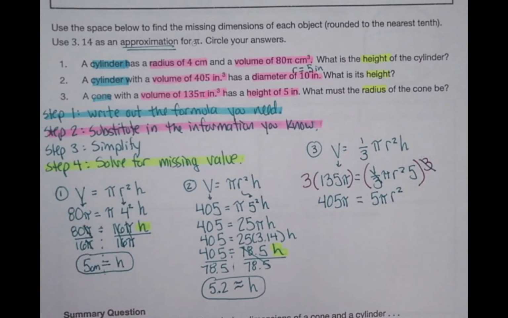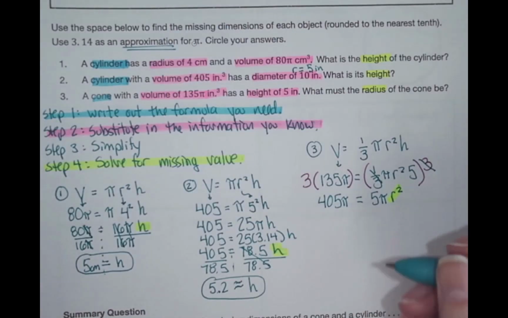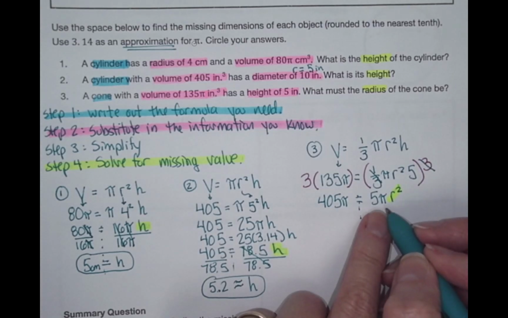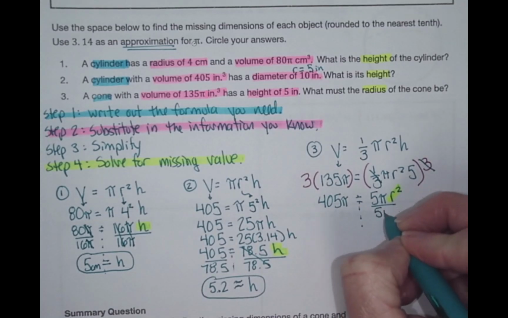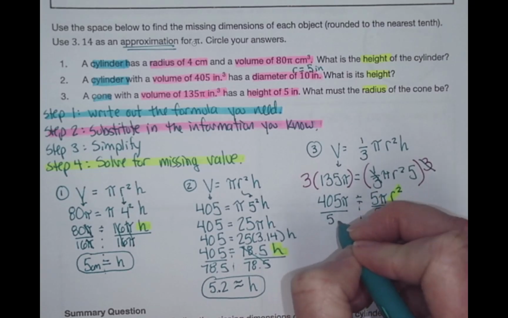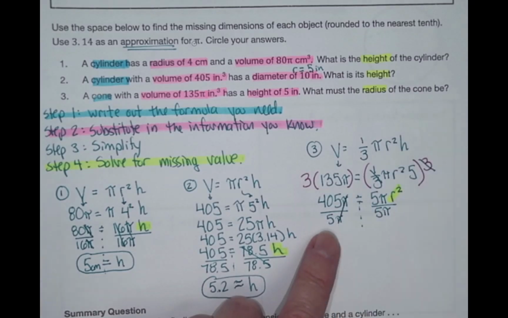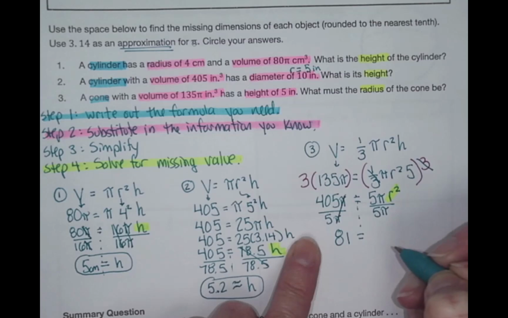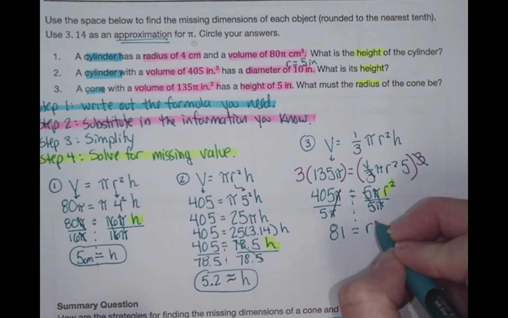Now I'm trying to find what r is. So my next balancing move, I'm going to divide by 5 pi. Right now, my yellow highlighted thing is multiplied to 5 pi, so the inverse of that is going to be dividing by 5 pi. And just like I'd hoped for, over on the left here, the pi's cancel out, and 405 divided by 5 is going to be 81. Oh, this is actually going to be really pretty. Now, the 5 and the pi cancel out, but I still have r squared.